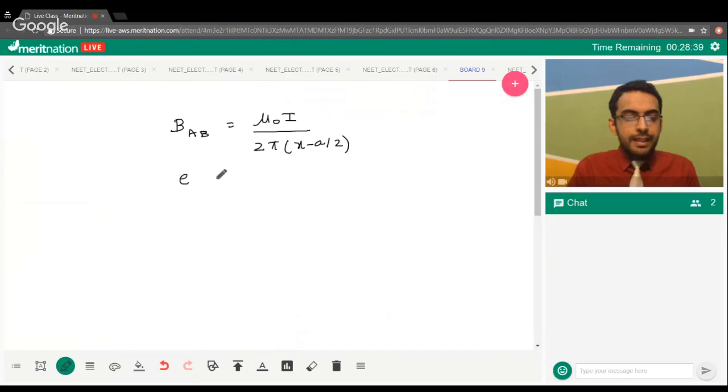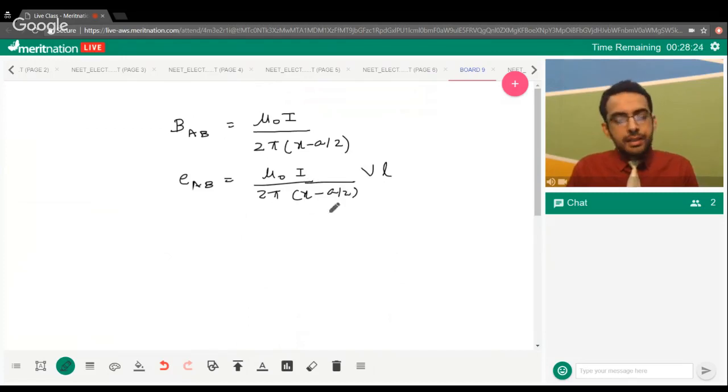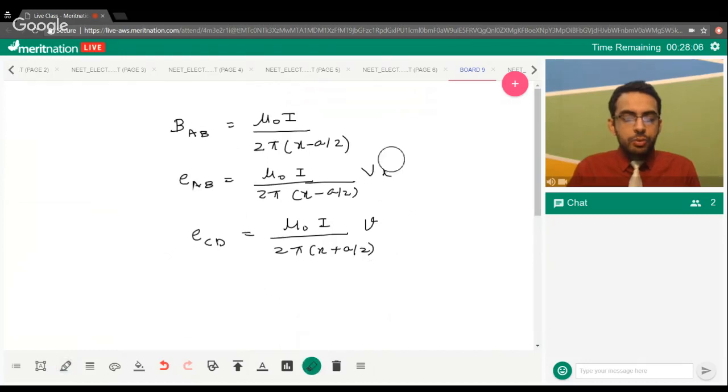And E across AB will be equal to mu naught I divided by 2 pi into X minus A by 2, multiplied by V into L. Similarly, we can write E for side CD. It will be equal to mu naught I over 2 pi into X plus A by 2, into V into L. The length is equal to A because it's a square.